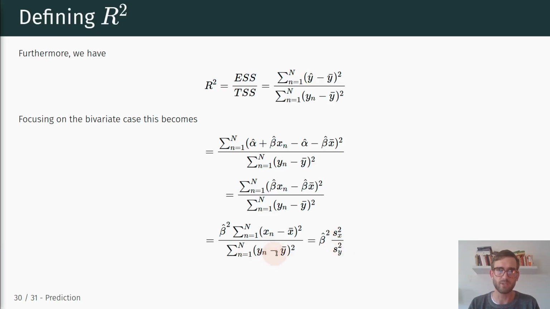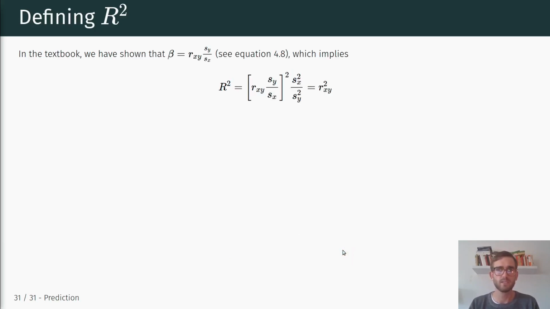This expression down here divided by n is the sample variance of y, and this expression right here divided by n is the sample variance of x. So this is equal to beta hat squared times the sample variance of x divided by the sample variance of y.